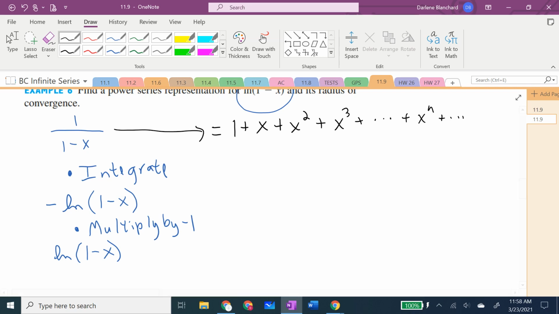Yeah, thank you, Jackie. All right, when I integrate, I put that plus c in front. So I have c plus, and then I integrate 1. I integrate x. I integrate x squared, and so on.